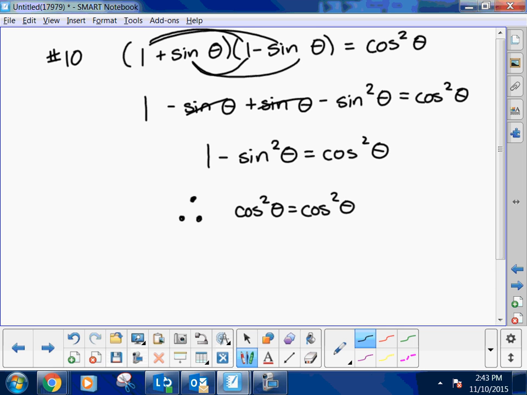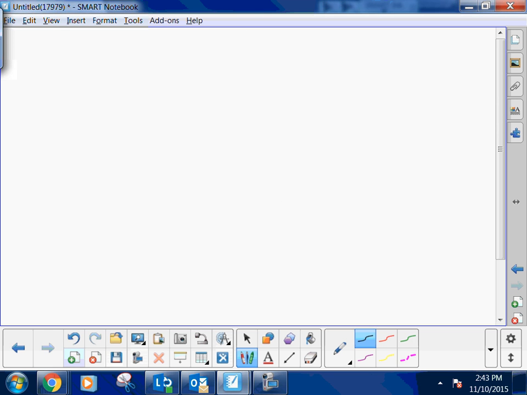Now I like this next one because you take something that you've used a lot, but for some reason when you put trig into it, there's something unique about it. It's number 6.